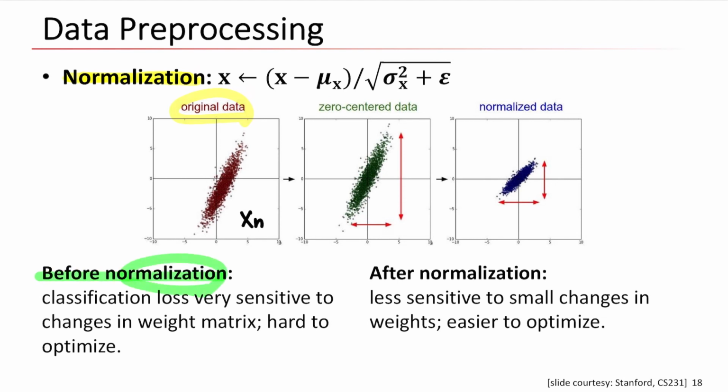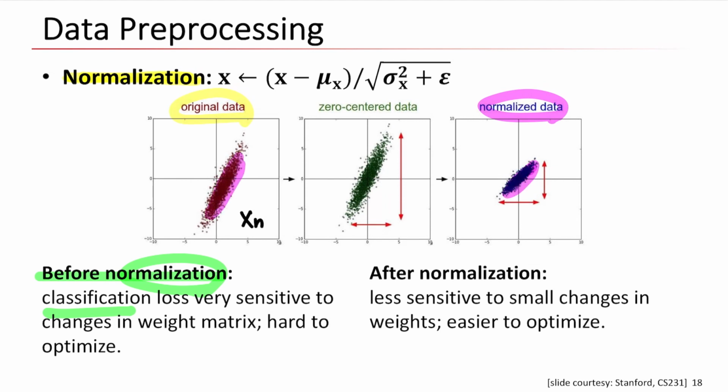Before normalization, the classification loss is very sensitive to changes in the weight matrix and hard to optimize, right? So what do we want to do first? We want to normalize the data, something like this, right?